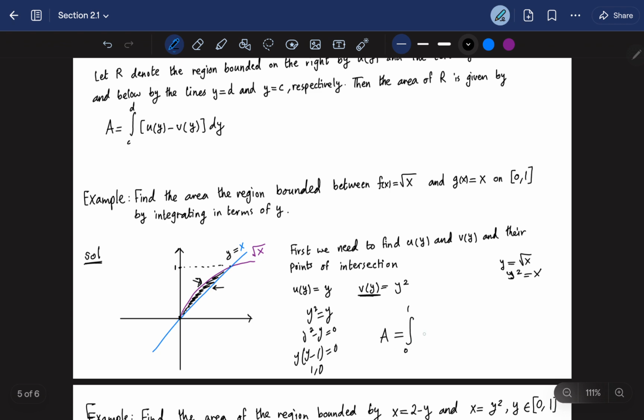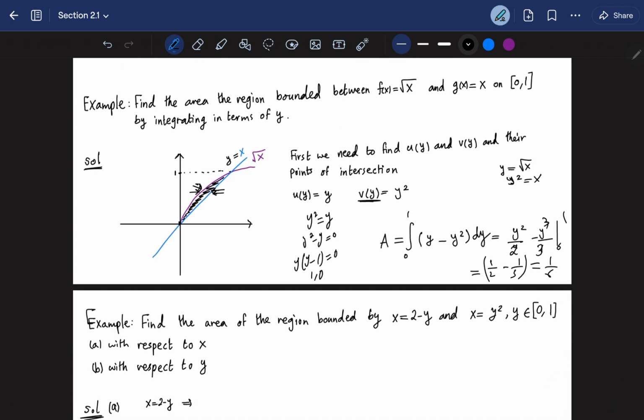So from 0 to 1, right minus left. So that would be y minus y squared dy. So that's just y squared over 2 minus y cubed over 3 from 0 to 1. Upper minus lower, you're going to get 1/6.